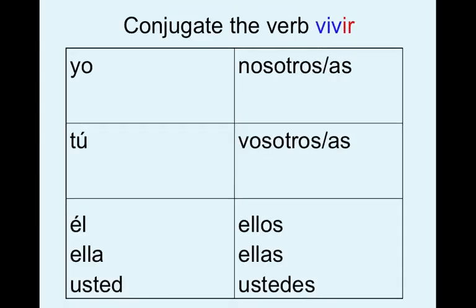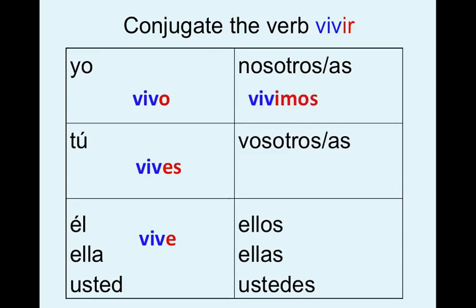So give it a try. Cómo se dice, I live in Buffalo. Yo vivo en Buffalo. Are you living in the dorm? ¿Tú vives en la residencia estudiantil? He lives in New York. Él vive en Nueva York. We live in the United States.